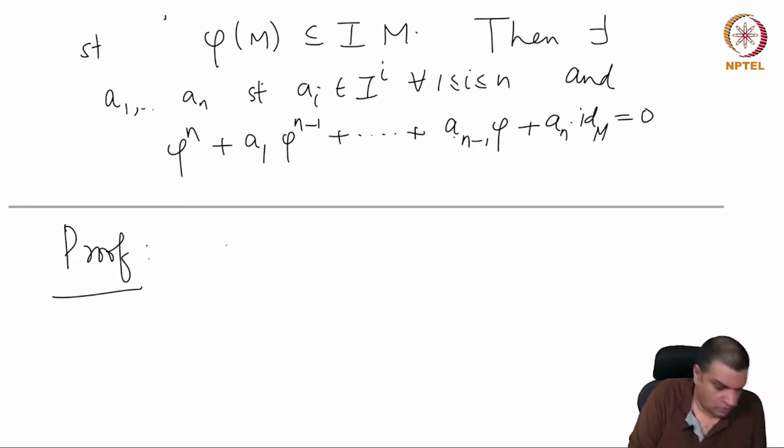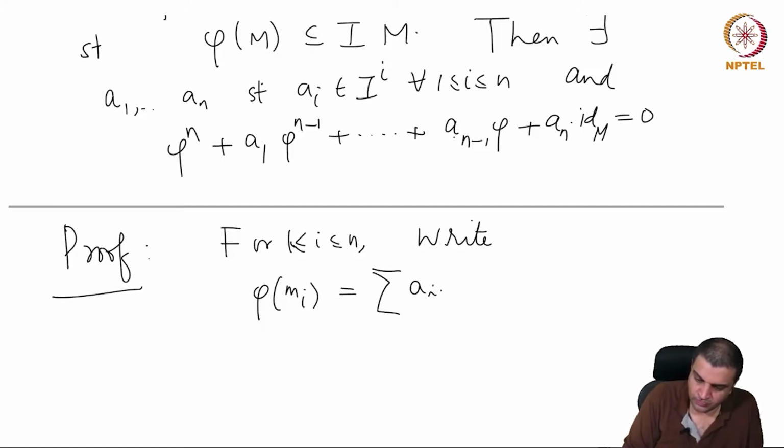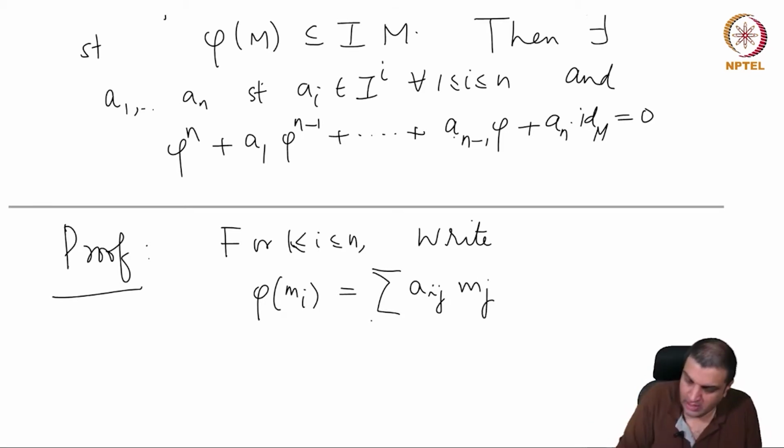Okay. So for 1 less than or equal to i less than or equal to n, write phi of mi, which is inside here, as the sum of aij mj, where j goes from 1 to n.